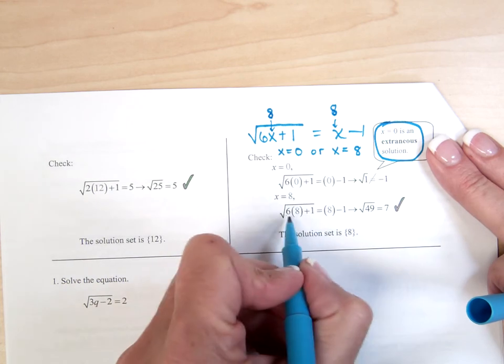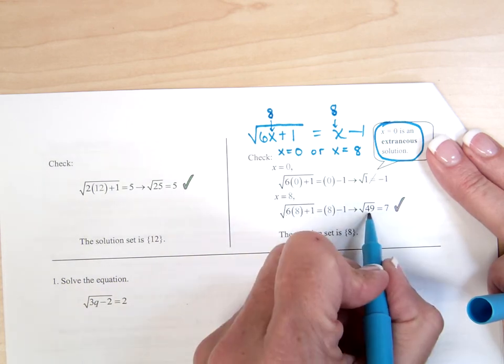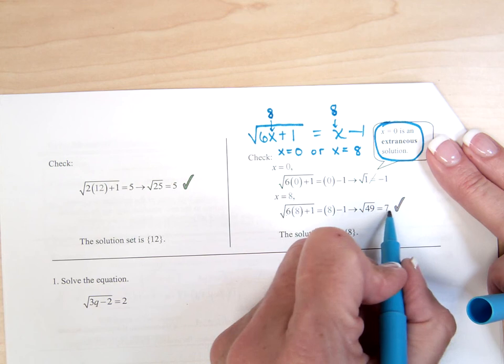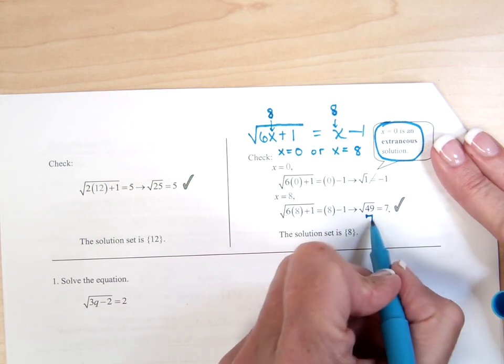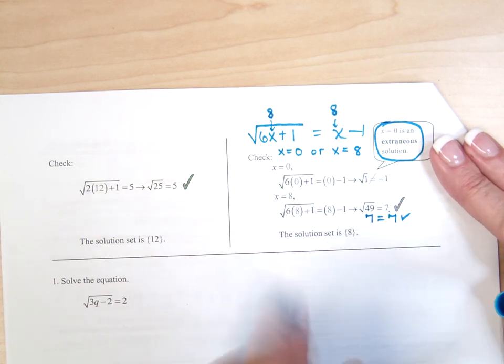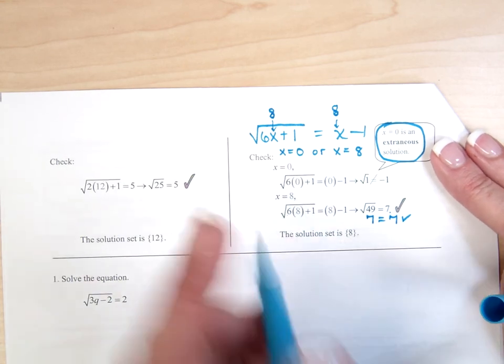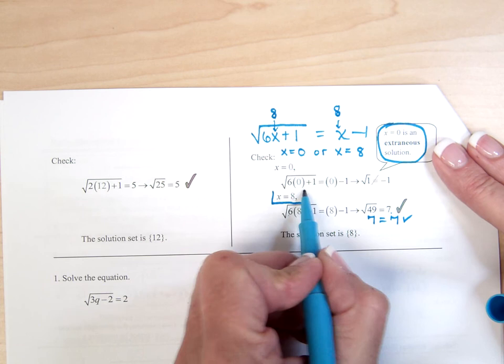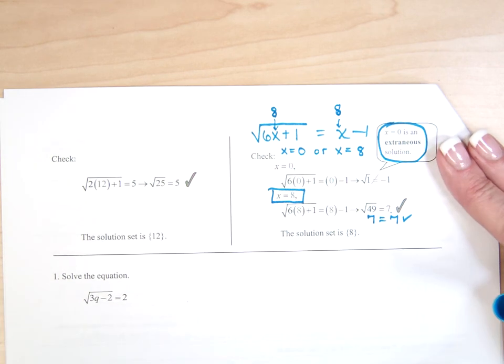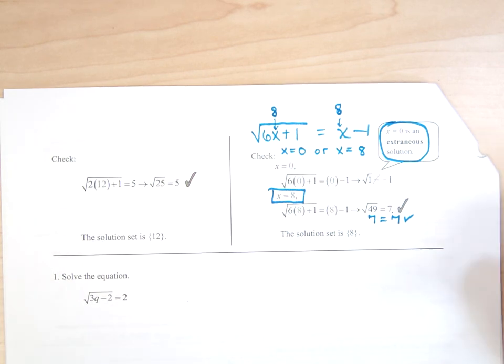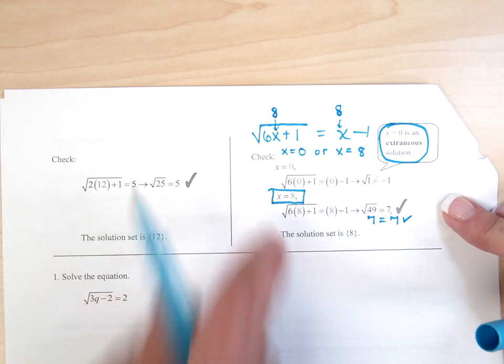So 48 plus 1 is the square root of 49. 8 minus 1 is 7. That's a true statement. 7 equals 7. Therefore, we can say 8 is a valid solution. So we just put the valid solution in solution sets to show the reader there's only one solution. 0 is extraneous, 8 is the valid solution.